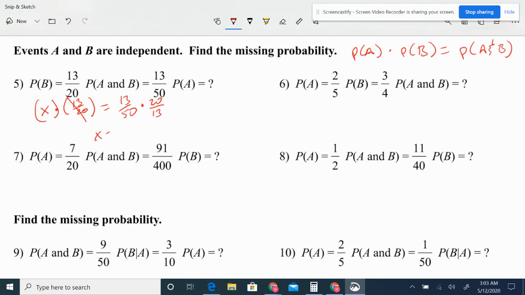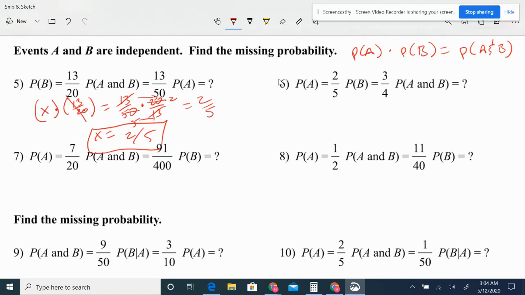So X equals, let me simplify: the 13 over 13 cancel out, and 20 and 50 simplify as 2 and 5. So X equals 2 over 5. When you type it, you just have to type in the 2 over 5. Remember, the way we do fractions is 2 backslash 5.